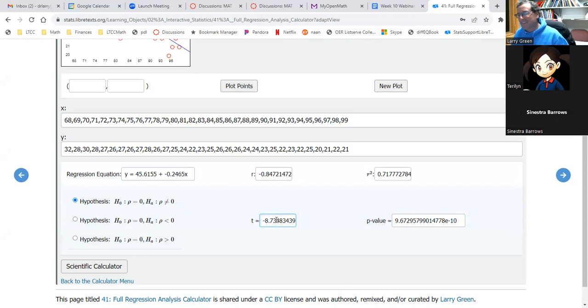It's the same variable you use for, say, the difference between two means. Basically, the t is negative 8.7. That's very, very low, and that's why the p-value is so very small. Any questions on that?